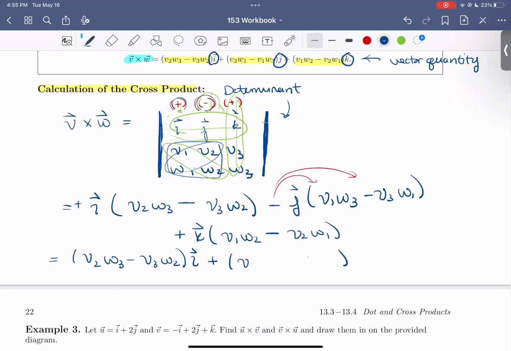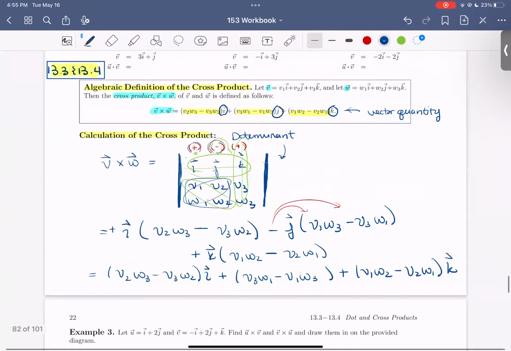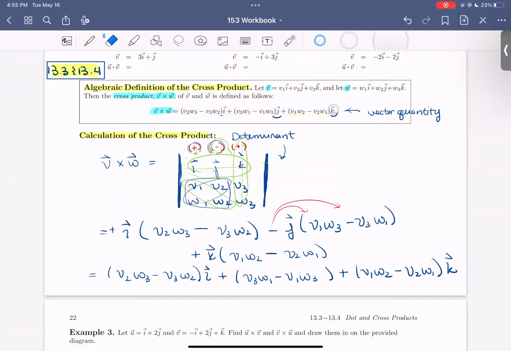So I get positive v3 w1 minus v1 w3, plus v1 w2 minus v2 w1 times k. Notice how this compares with the formula we have up here for the cross product.